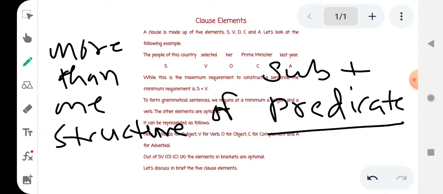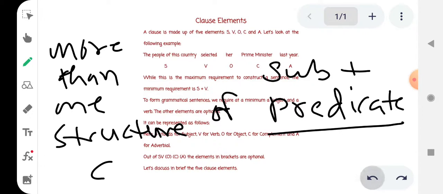We have seen the example of Puneet buying a car and he is selling the car to his neighbor.